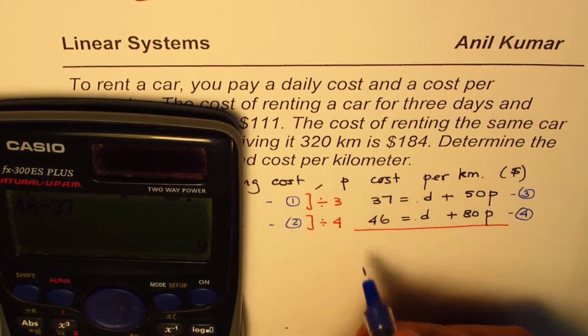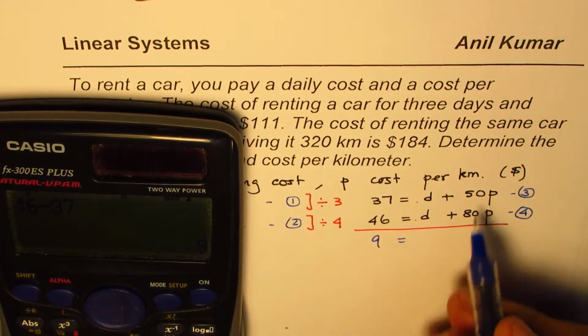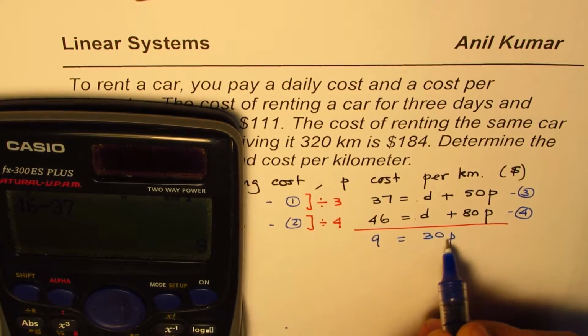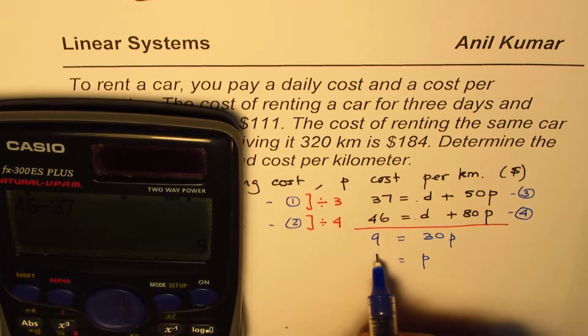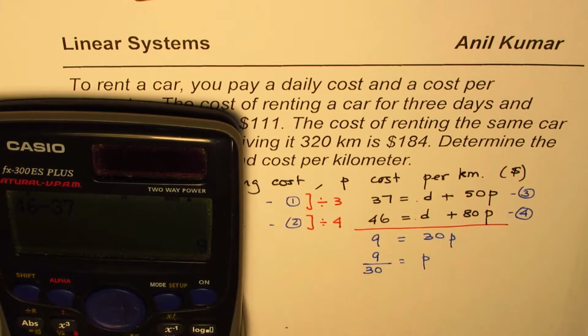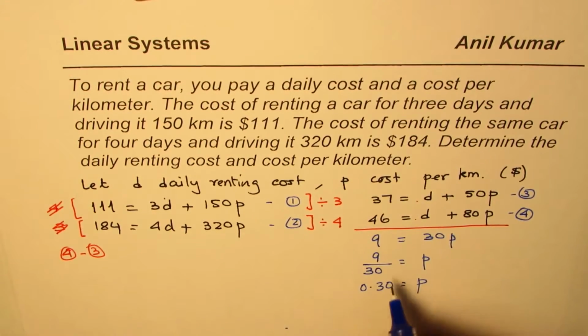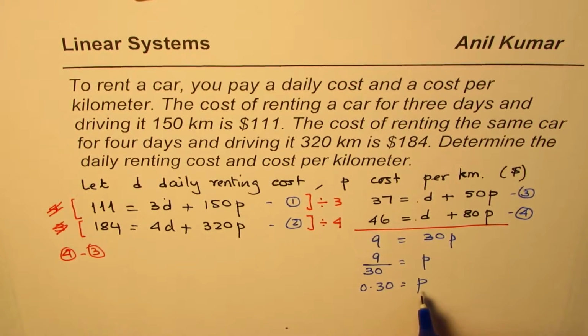Let me write this as 9 equals D minus D is 0, and 80 minus 50 is 30p. So from here, p, the per kilometer rate, is 9 divided by 30, which in decimals equals 0.30. That means 30 cents per kilometer, in dollars.